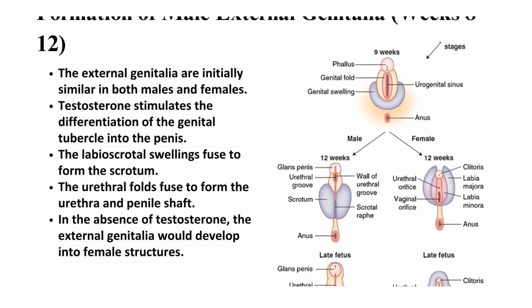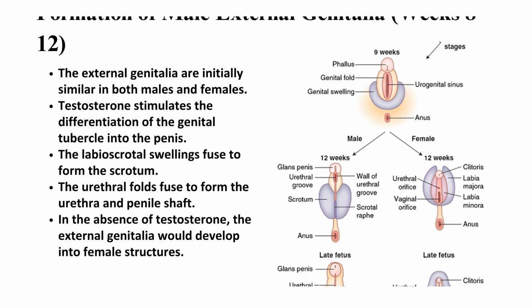Urogenital sinus and folds. The urogenital sinus and the genital folds form from the primitive urogenital structure and play a key role in the development of the male external genitalia. The genital folds fuse to form the urethra within the penis, a process that is completed by the 12th week of development. In males, these folds also form the scrotal swellings, which will develop into the scrotum.